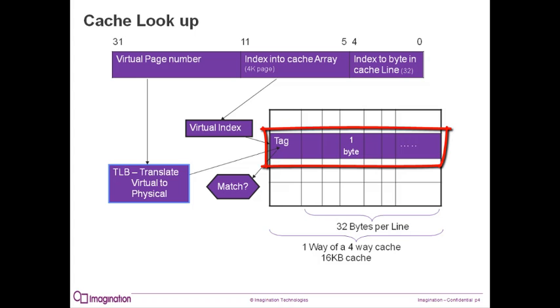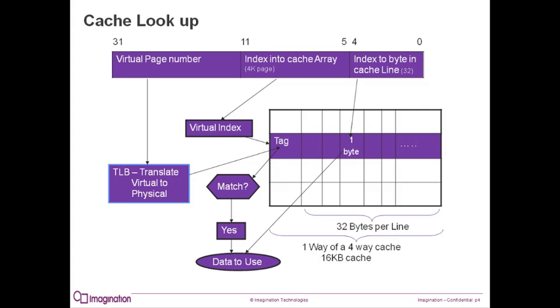So once the translation is made, the controller can compare the translated physical page address to the physical tags in each way to see if there's a match. If there is a match, we have a cache hit and the fetch, store, or load is completed. If not, it's a cache miss and the processor will call on the bus interface to get the cache line from memory.